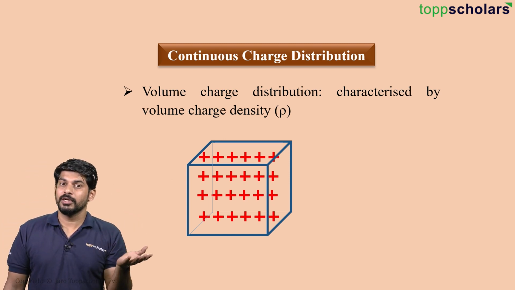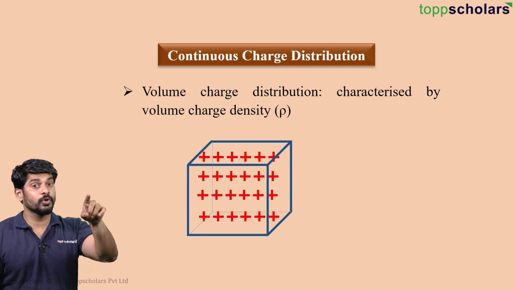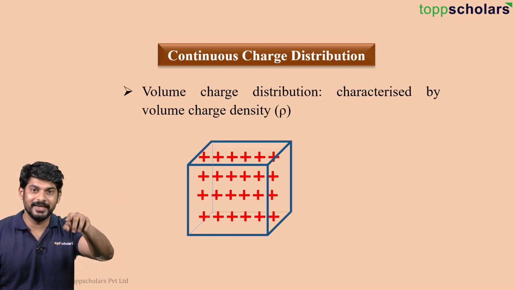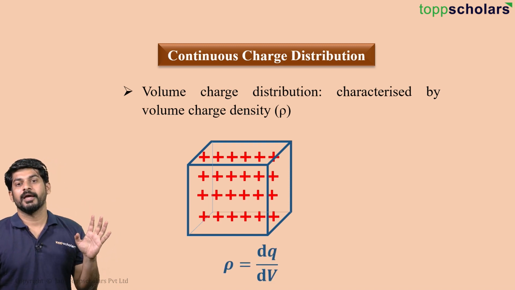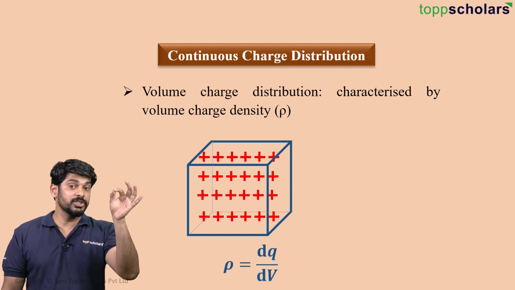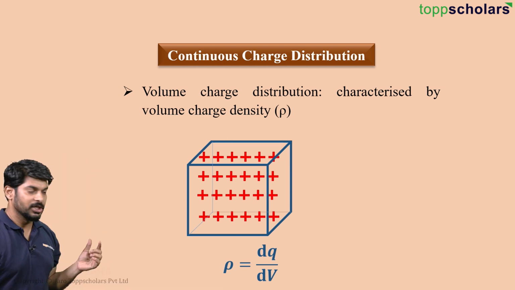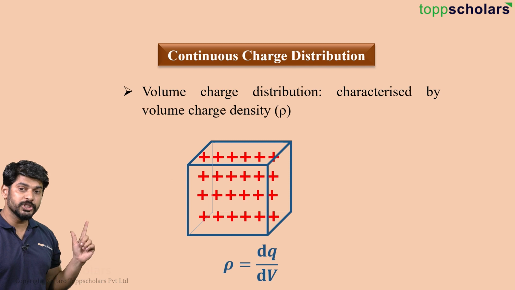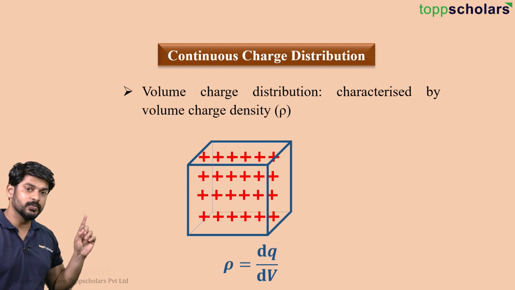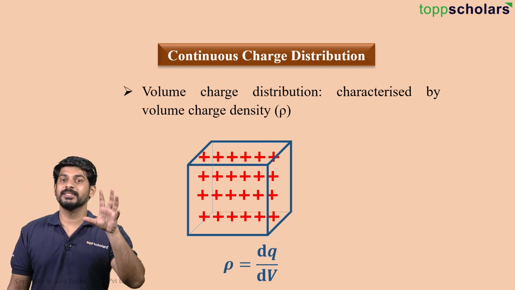Again we introduce another term called volume charge density, rho, and this rho is given by charge per unit volume. Here we have taken a small charge and divided by small volume. So this is the third type.